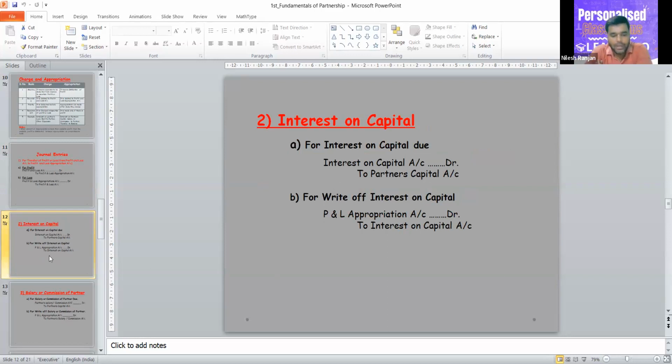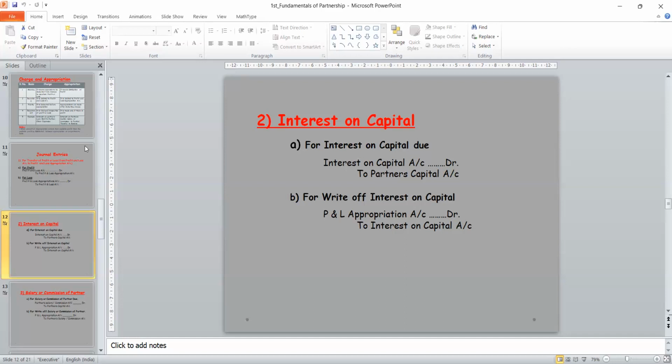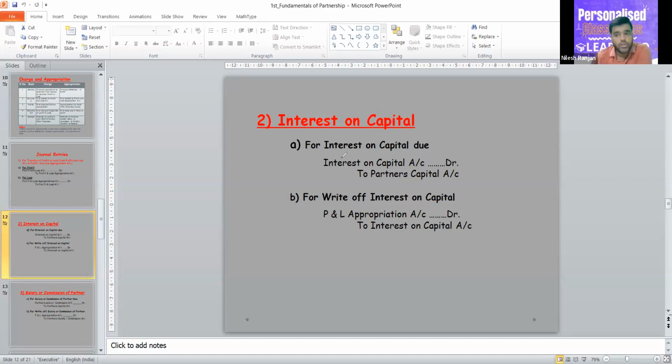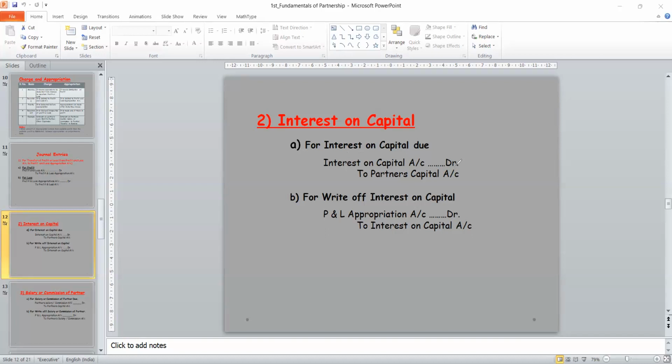So interest on capital is an expense for us, yes? Or income? It is income or expense? I think it is an expense because we have to give it to the employee.